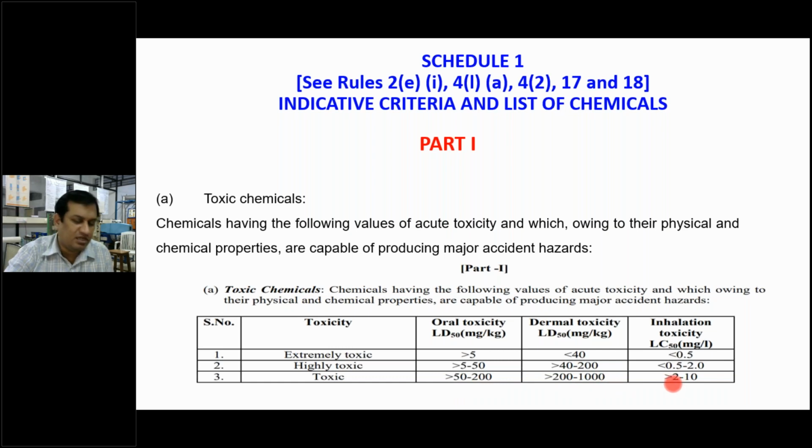So this table clearly defines what exactly the toxic chemicals are and whether this chemical is extremely toxic or highly toxic. So depending on this number and depending on the method of exposure, through inhalation, through the skin, or through the oral route, the extremely toxic and highly toxic chemicals are defined.